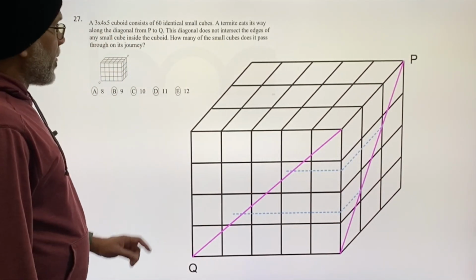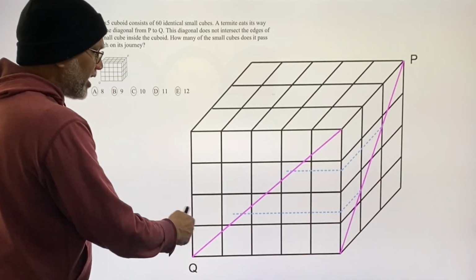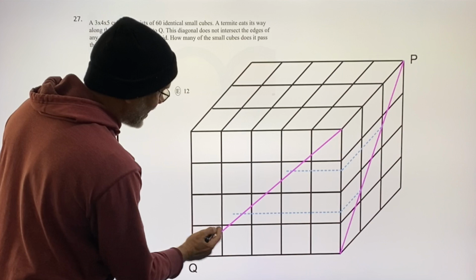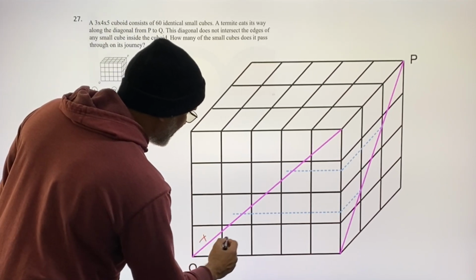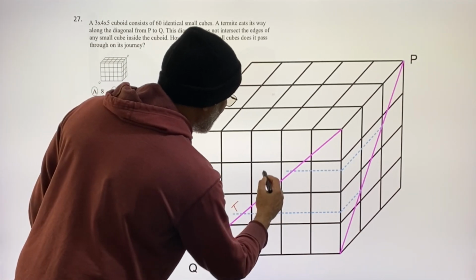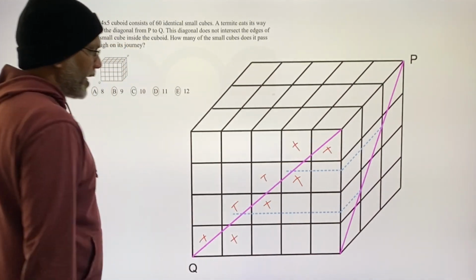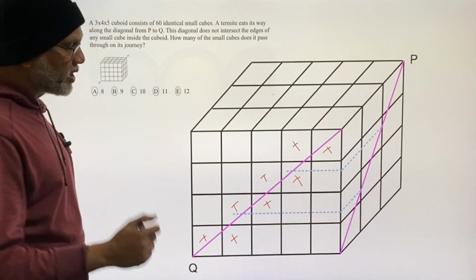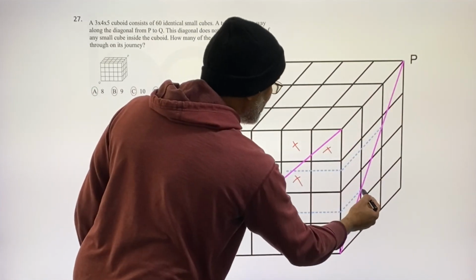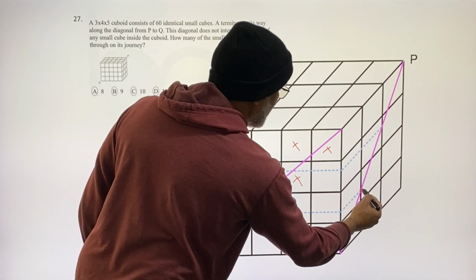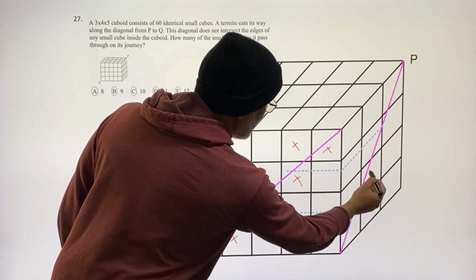Now, it is already given that it doesn't cross through an edge, but here I can clearly see it going through the line that converts to a surface in 3D. So here also we can see 1, 2, 3, 4, 5, 6, 7, 8. It's going through 8. But when you see the termite going from here to here, at this point you can clearly see that it is going from this layer to this layer.